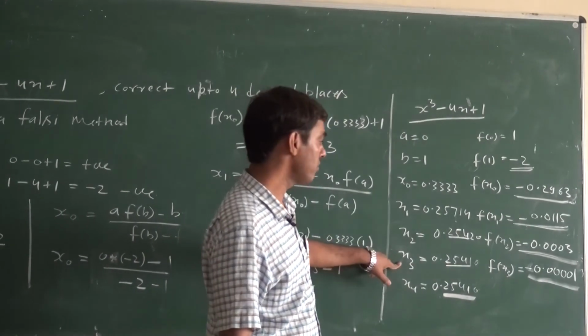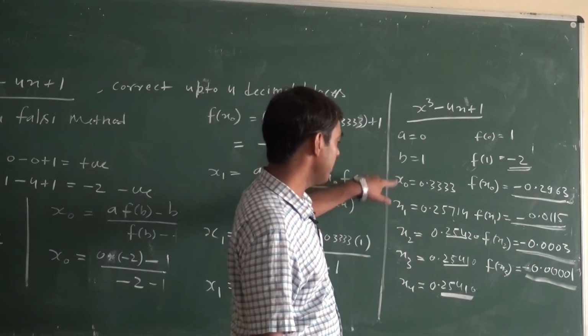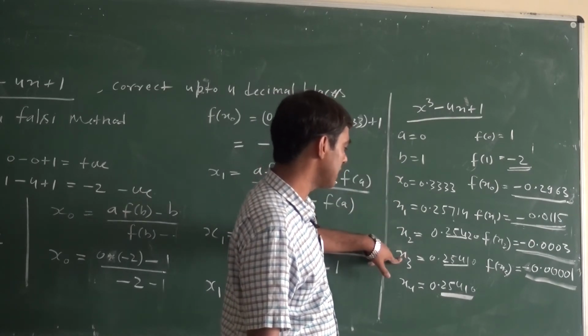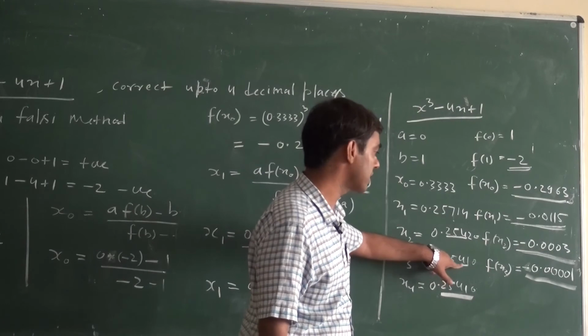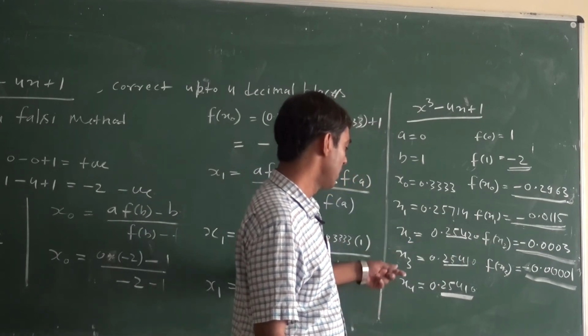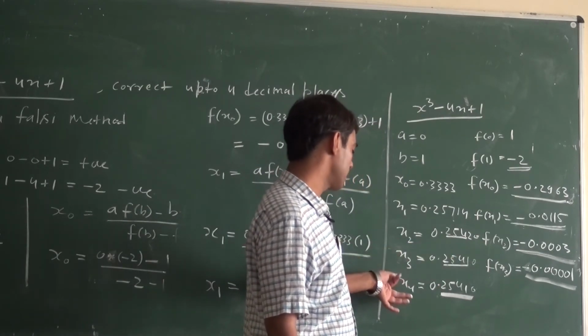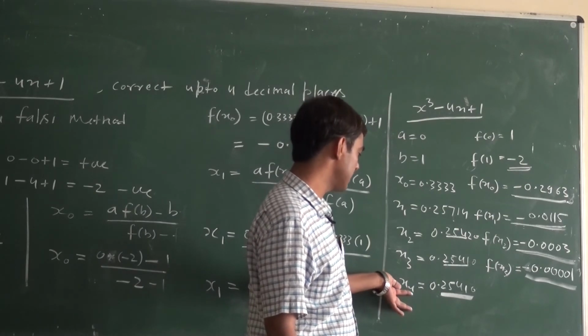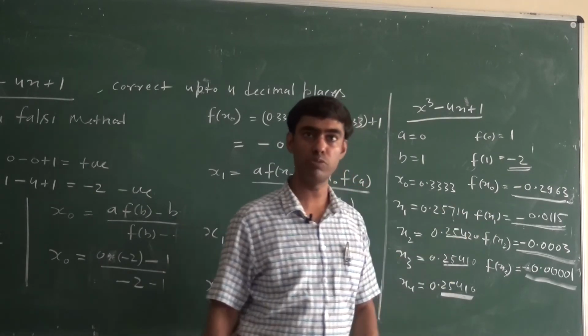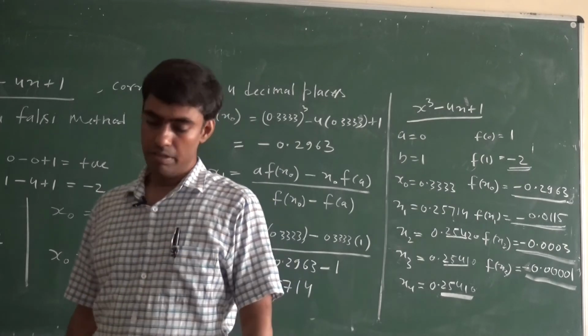But in the regula falsi method, up to 4 iterations, we are able to find the root correct up to 3 decimal places. If the number of iterations is 5, then we are able to find the root correct up to 4 decimal places.